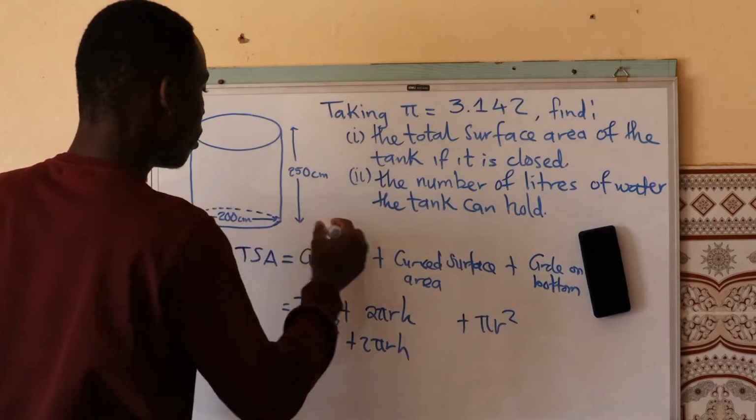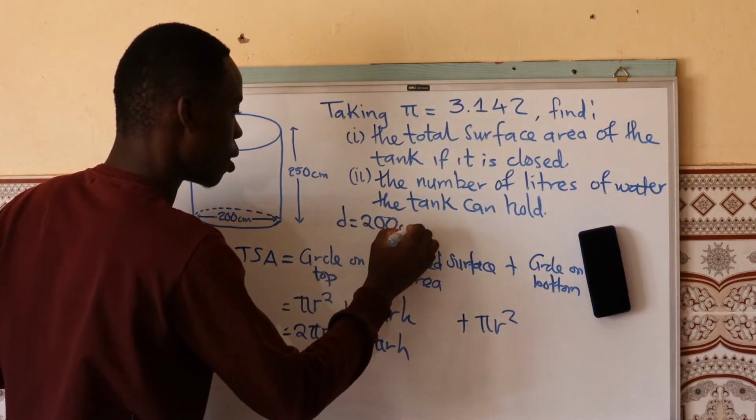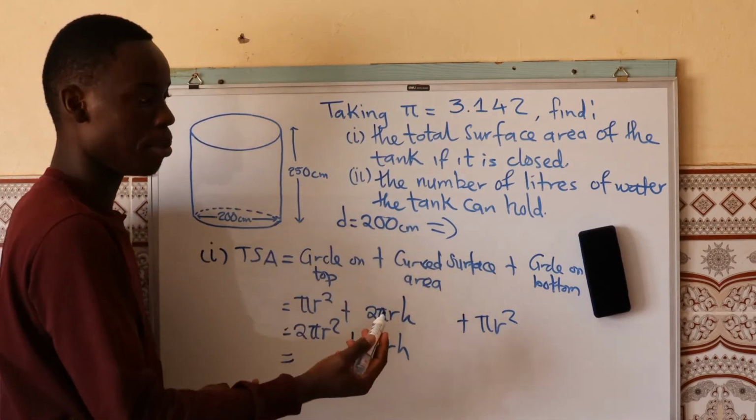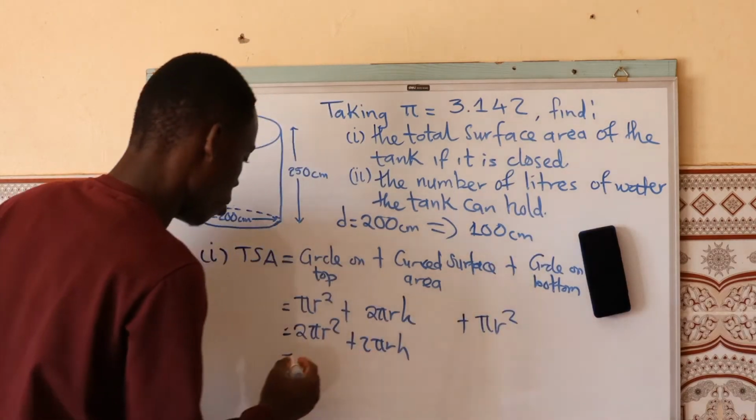Now, we've been given the diameter. The diameter is equal to 200 centimeters. This implies that our radius is half of the diameter, which is 100 centimeters. Replace them here.